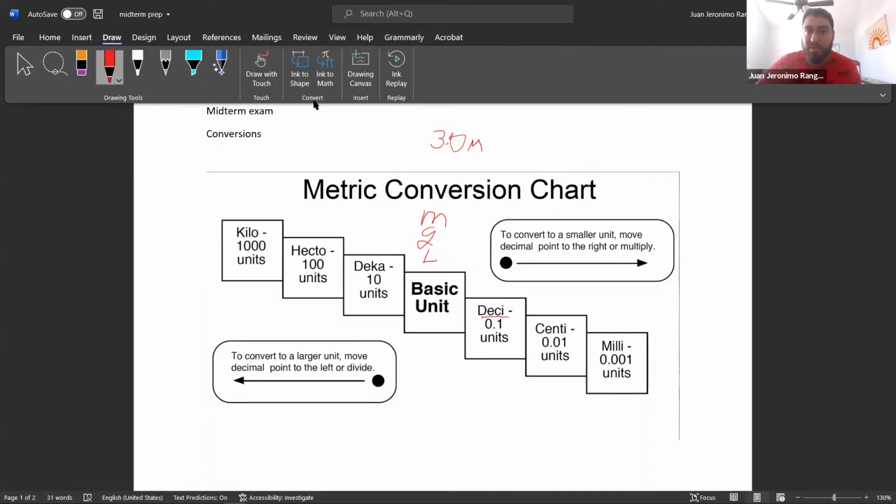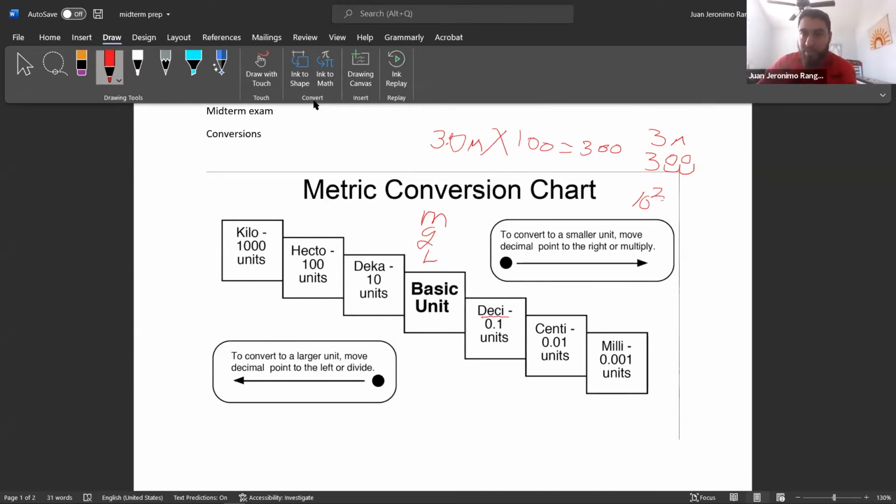So we could just multiply 3 by 100 and get 300, or we could take 3 meters and move the decimal point over twice. Twice for centimeter, because centi is 100, so that would be 10 to the second.